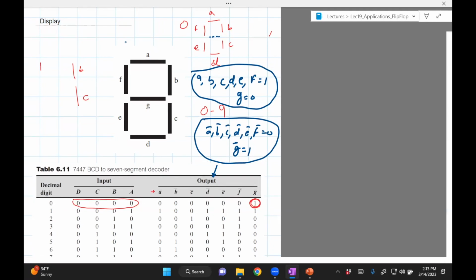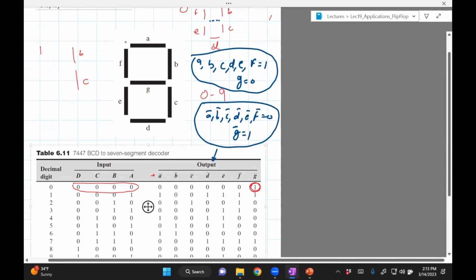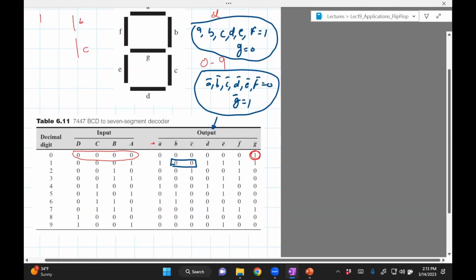So G bar is 1, everything else is 0. Similarly, if you want 1, then B and C should be 1, which means the complement should be 0, and everything else is 1. So that's how the truth table is written.